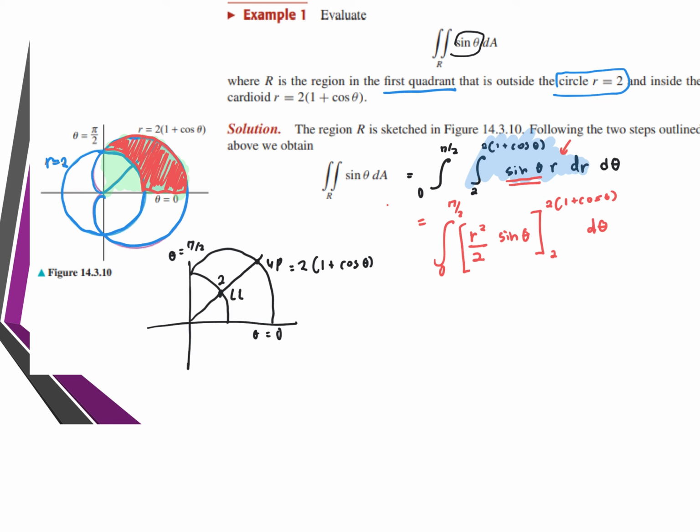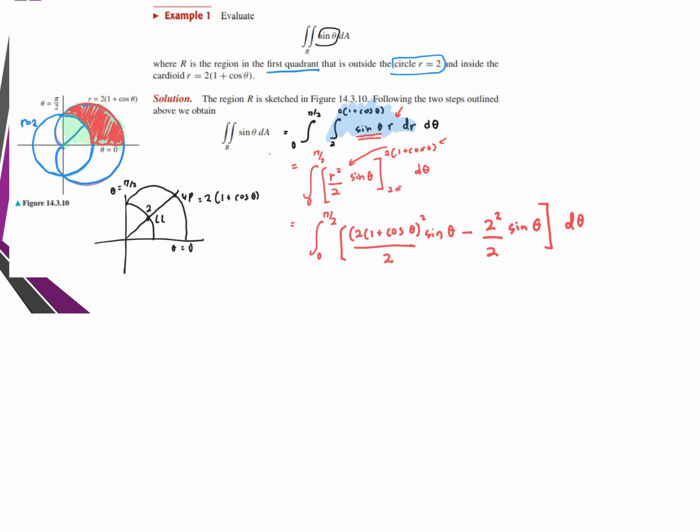And now we are going to replace our r with this value. So we will have pi over 2, 0. From here, this one is 2, and also this one is 2.